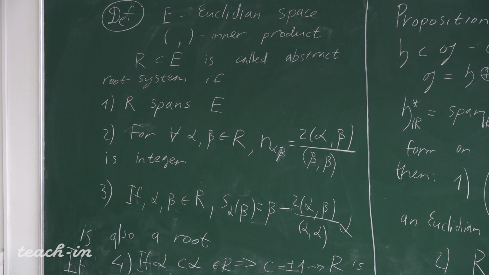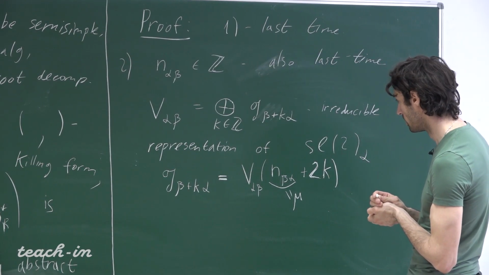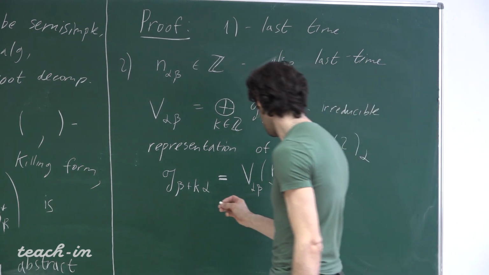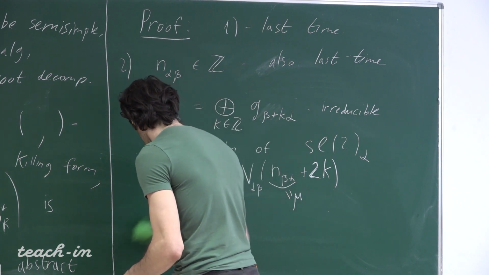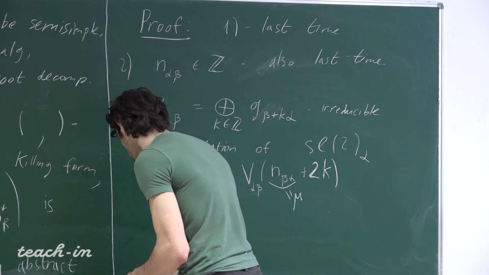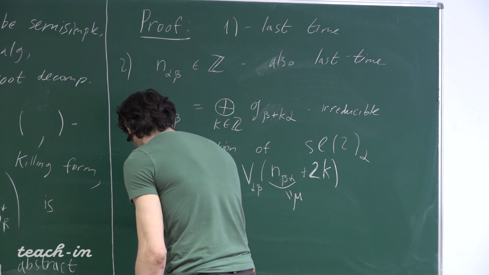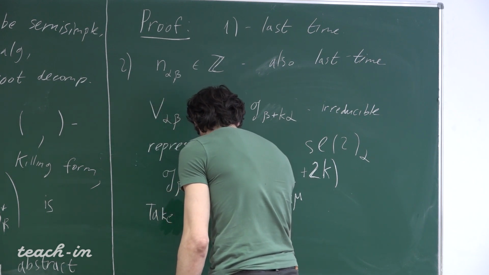So let me take g beta. Suppose alpha and beta are roots, take two roots alpha and beta.